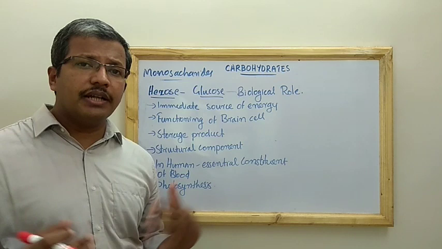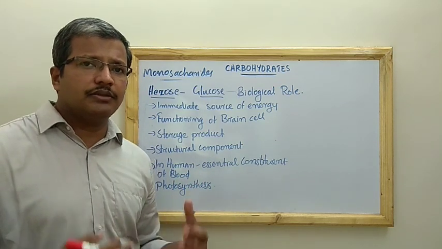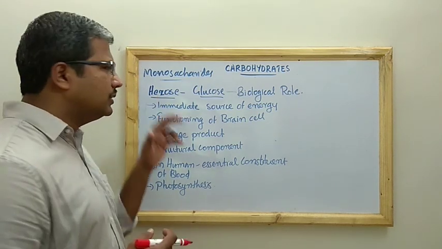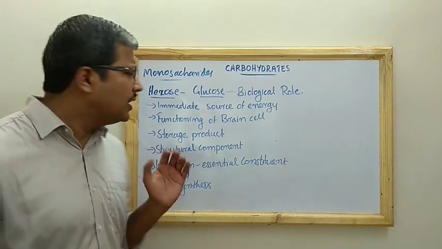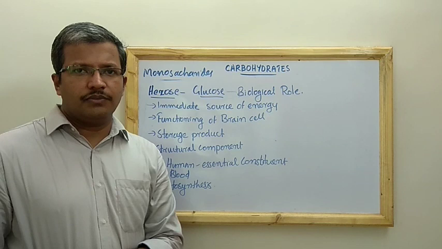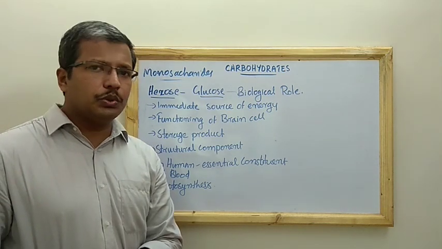Whenever an energy-requiring process is happening, whenever there is a need for production of ATP, glucose is the molecule that is being catabolized to derive the energy. So glucose acts as the immediate source of energy. That is the first important function of glucose.